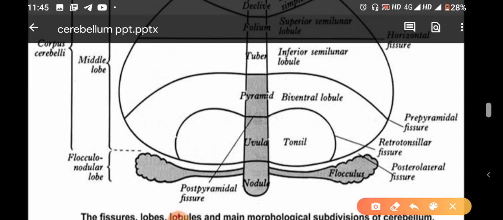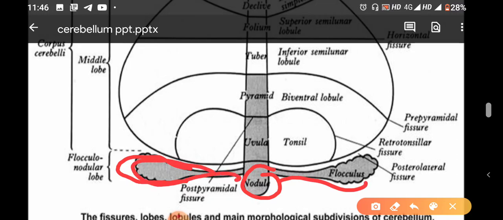Then flocculonodular lobe. So this portion or part of cerebellum which lies anterior to the posterolateral fissure on the inferior surface is called the flocculonodular lobe. It consists of nodule. So this center part of the vermis is the nodule, and the expanded parts you can see here, which are irregular in shape, are attached to the nodule on each side.